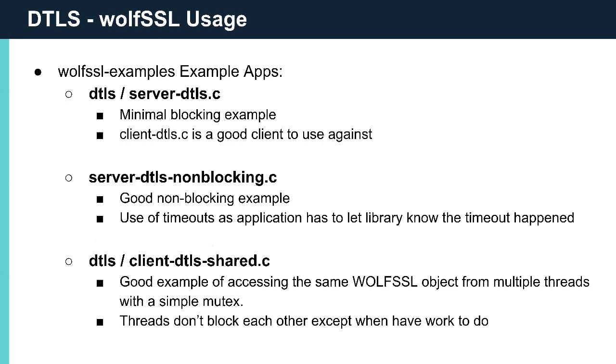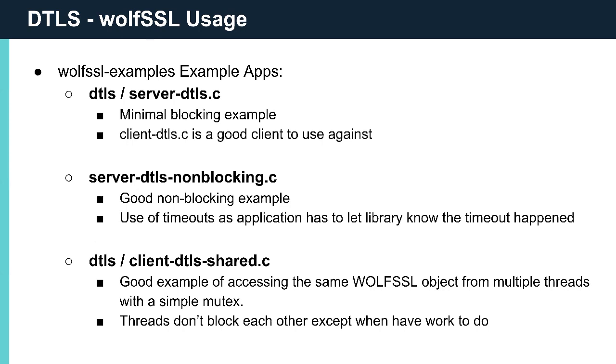In the wolfSSL examples repository, I mentioned we've got a couple of things. server-dtls.c is a minimal example with blocking IO underneath, and client-dtls.c is its respective client application. Those have been designed to connect against each other. server-dtls-nonblocking.c uses the same DTLS logic, but with non-blocking IO.